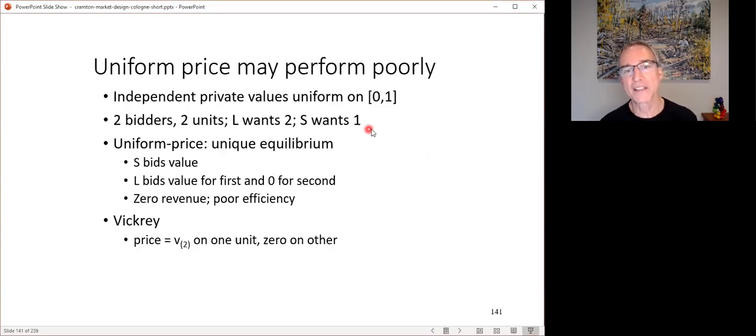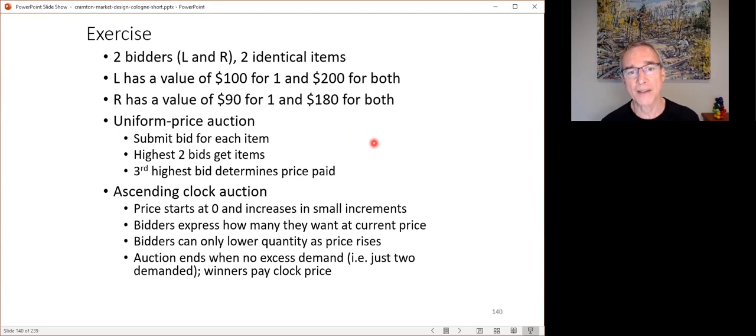Okay, so this is an instance where the uniform price may perform poorly. It's an instance where we had weak competition. I should say one more thing about this, and that is one thing that the seller could have done to protect themselves against this possibility of limited competition is to set a reserve price.